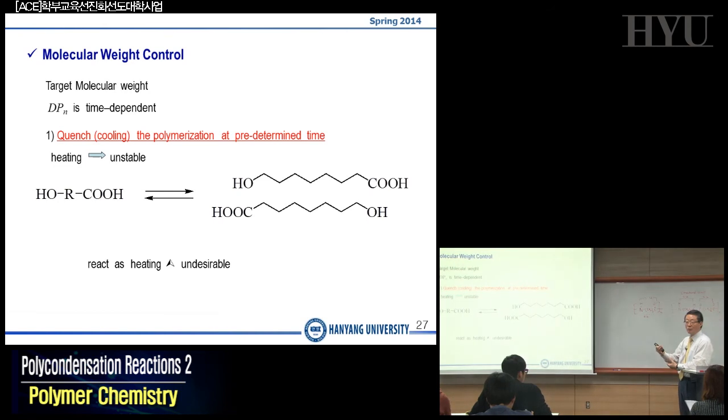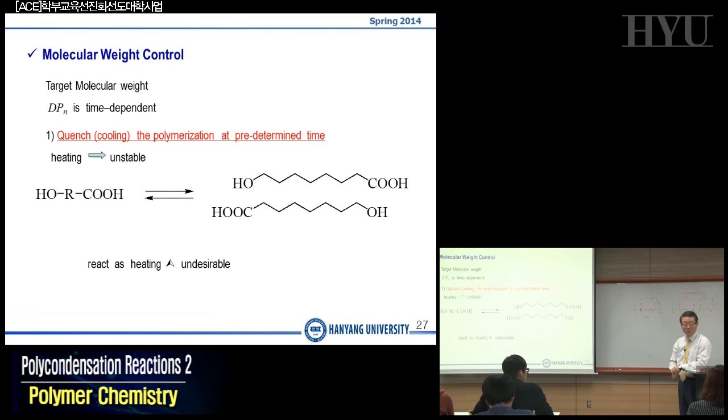So instead of 45 hours to reach a DPn over 50, although you sacrifice your molecular weight, you quench your reaction vessel in very cold water, and there will be no further reaction.